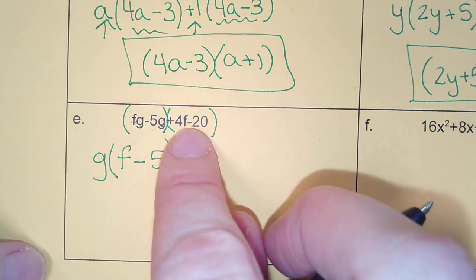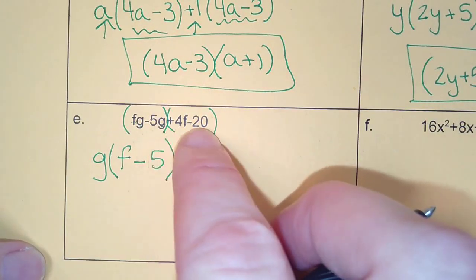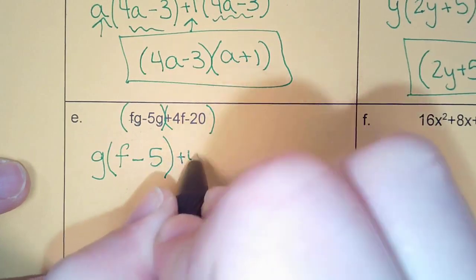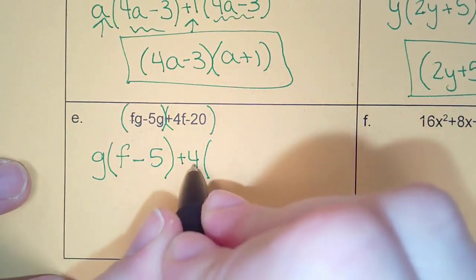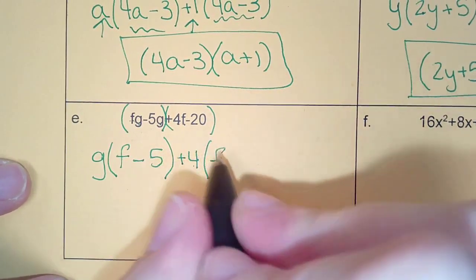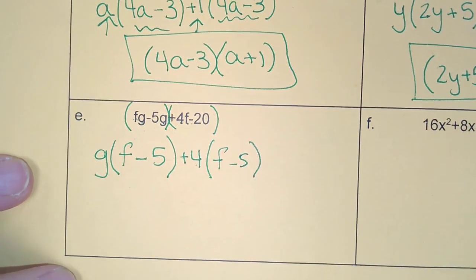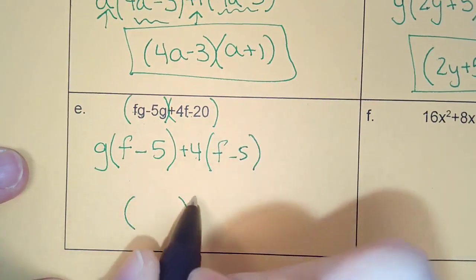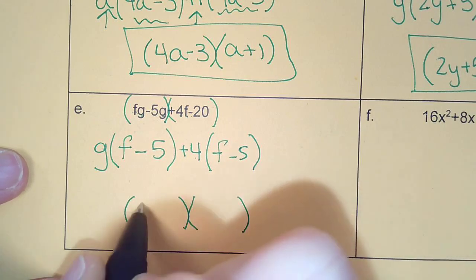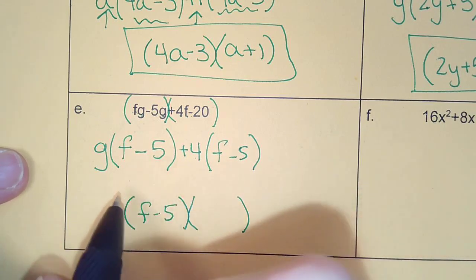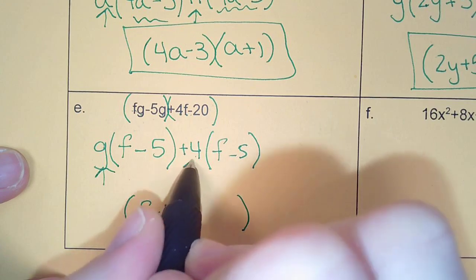So in the second binomial, 4F minus 20, I can divide out a 4. 4F divided by 4 is just F. Negative 20 divided by 4 is negative 5. Final answer is 2 binomials multiplied together, F minus 5 and G plus 4.